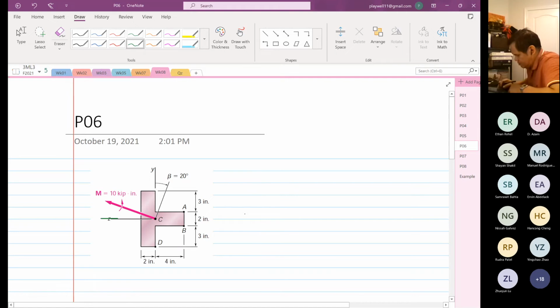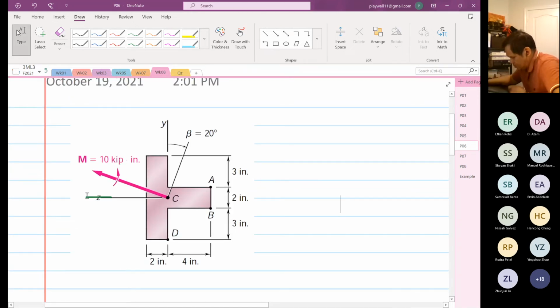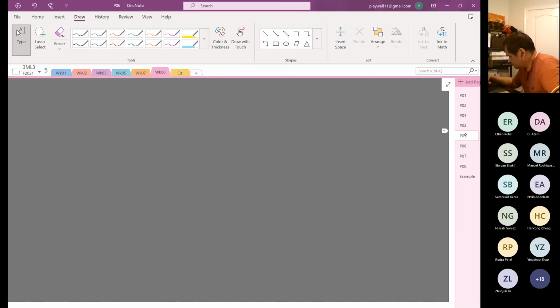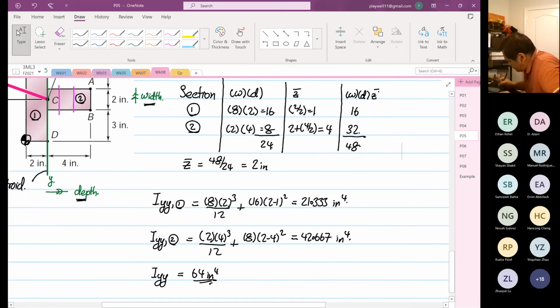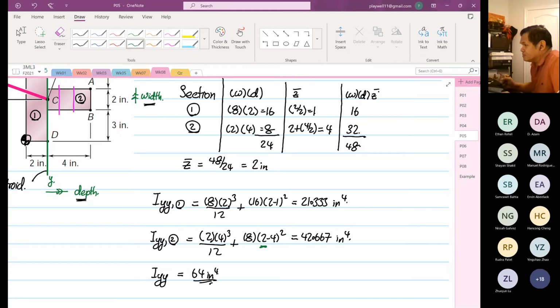Eugene, yes. For section 2, I get a different number for IYY. I get 82.667. I checked it twice, but this is 2, not 1. I'm still getting 82.667. Do you mind just checking it? I checked already. It's 2, not 1.